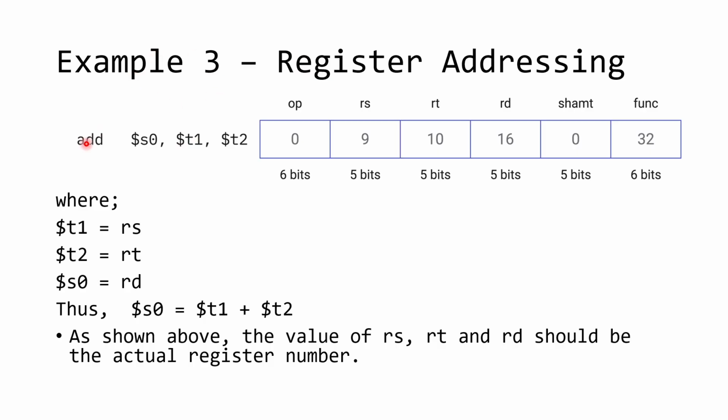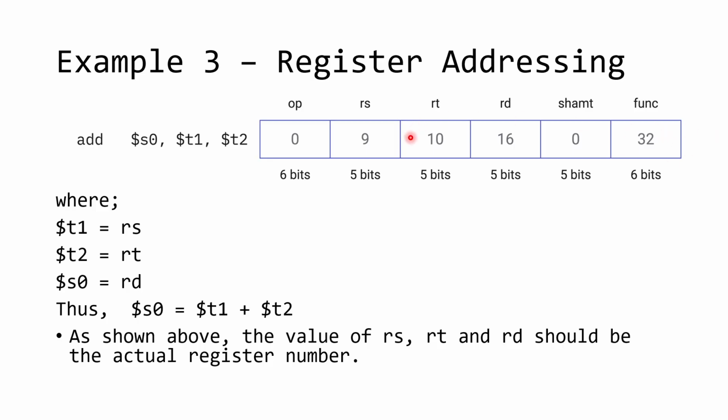Example 3, use a sample command add $s0, $t1, and then $t2. This means that the content inside t1 and t2 will be added together and then stored inside the destination register, which is s0. So here we can decompose the command into machine instructions. Add is an R type, which means op is 0 and function is 32.